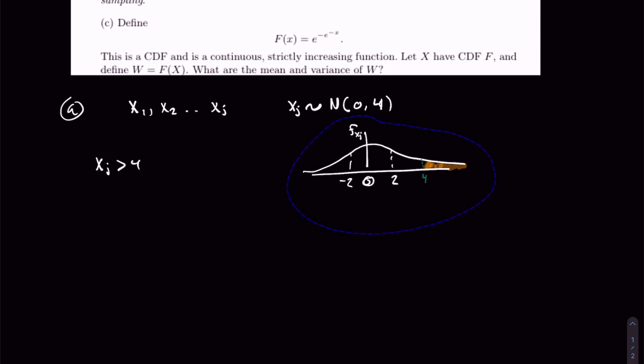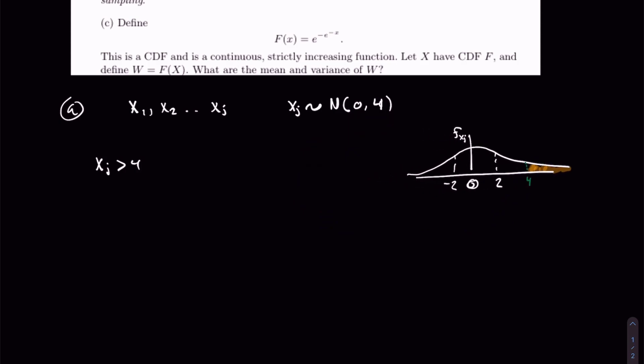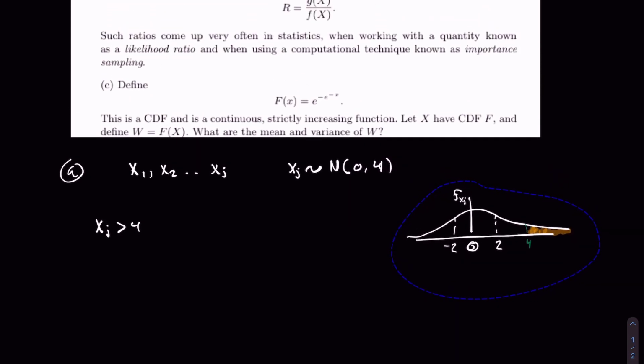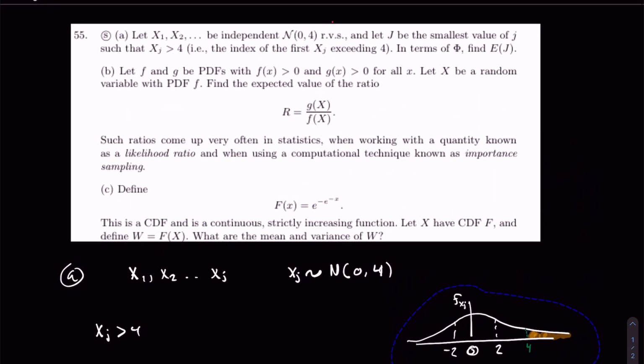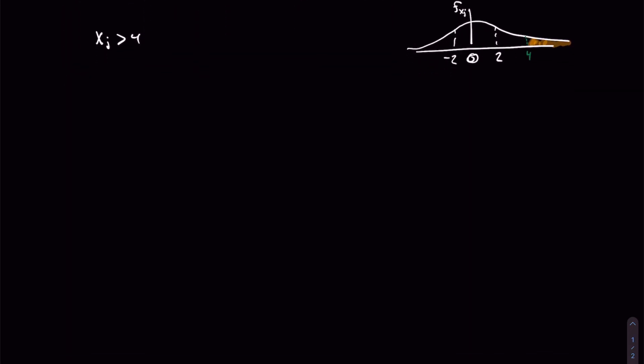So let's write down that event. And actually, one other thing before we proceed is that because the question is asking us for this expectation in terms of the standard CDF, let us transform this PDF here into a standardized version. So what does a standardized version mean?